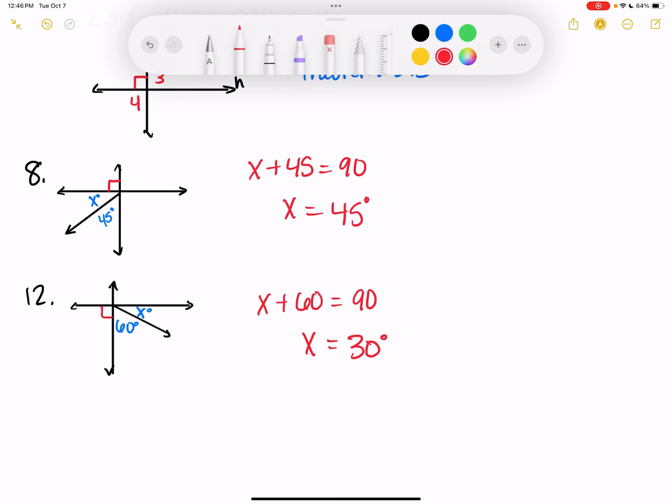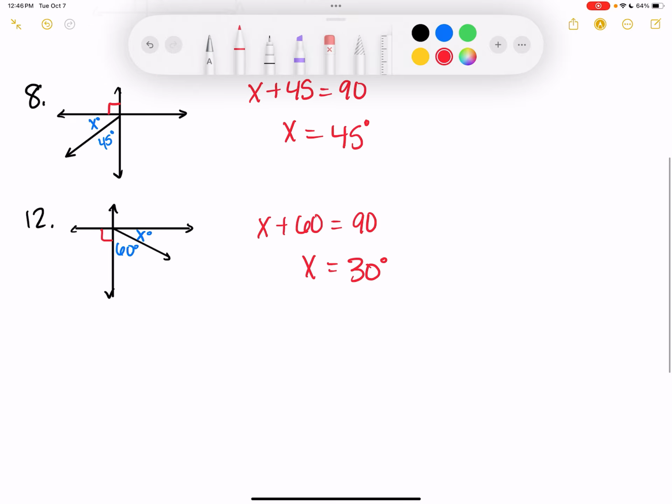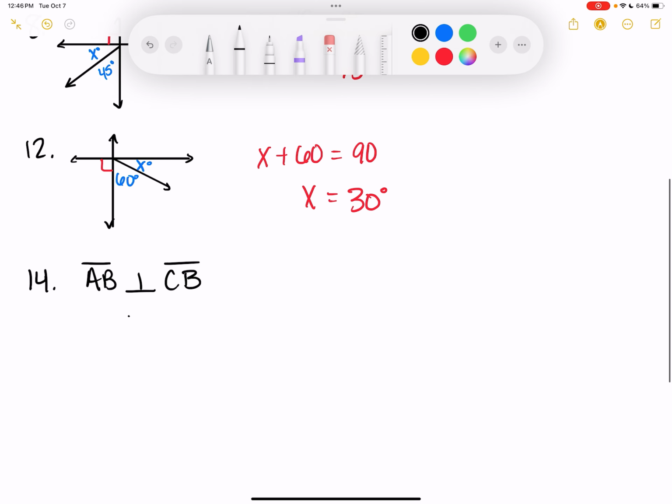The next one says, what can you conclude about the labeled angles? So with 14, we have segment AB is perpendicular to CB. And they give us this picture with it.